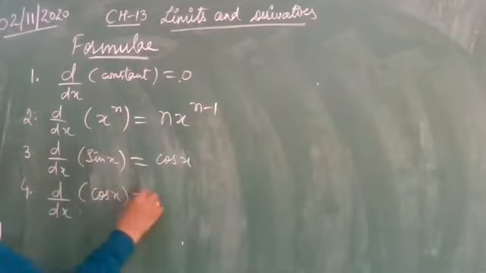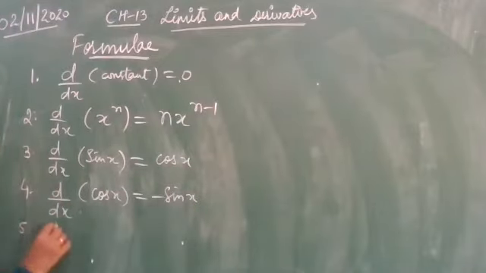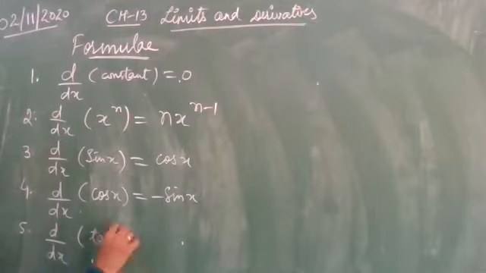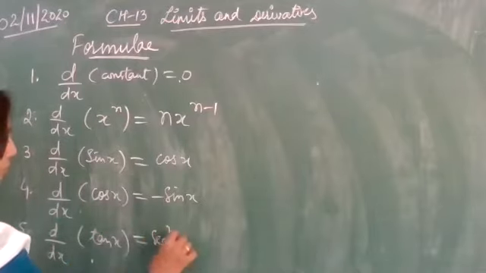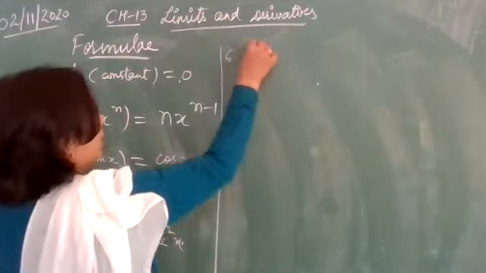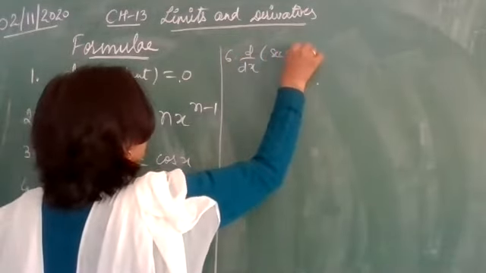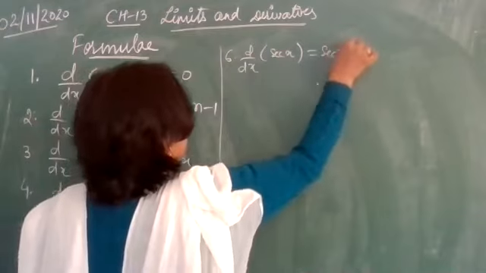Derivative of cos x is minus sin x. Derivative of tan x is sec square x. Derivative of sec x is sec x tan x.